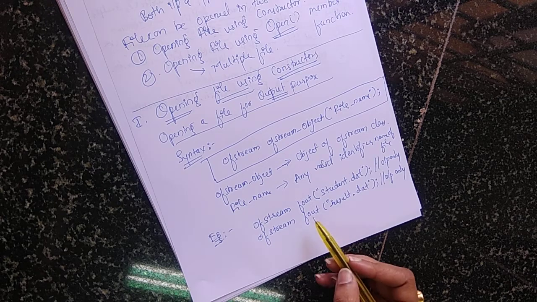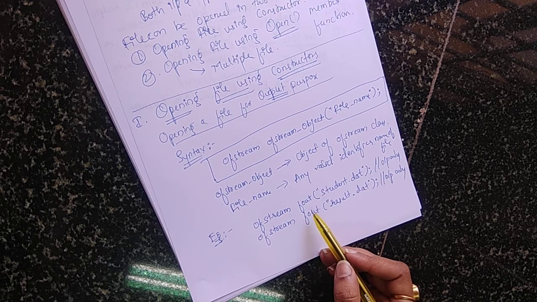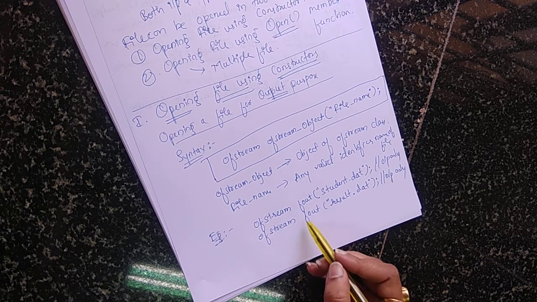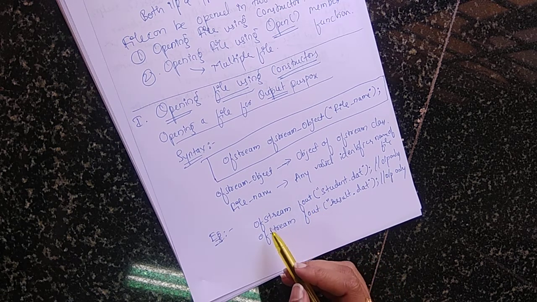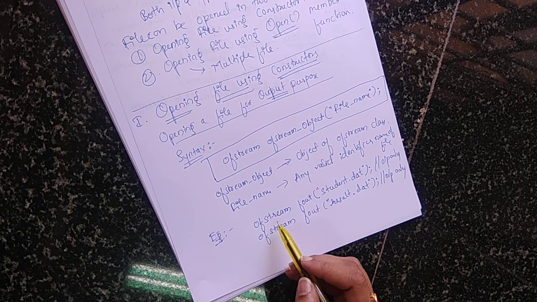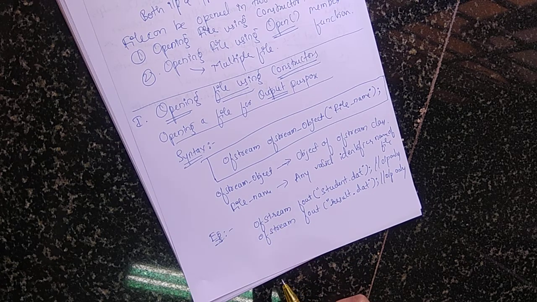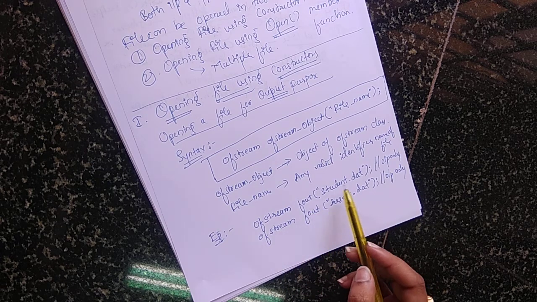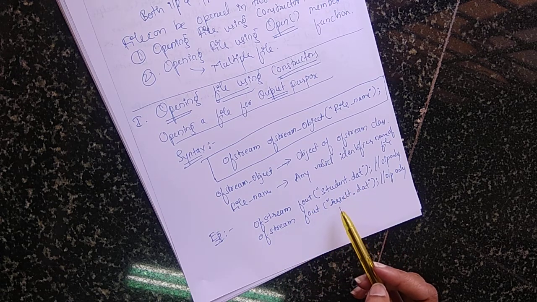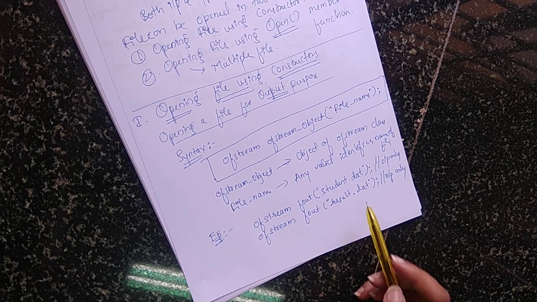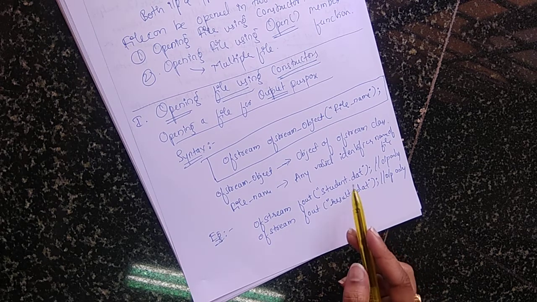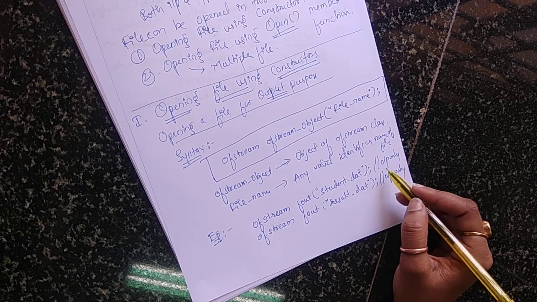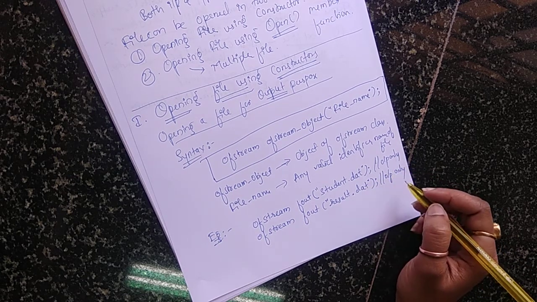Fine. So here fout is declared as an object of your ofstream class, and it is made to represent your student.dat file and your result.dat file. These both files have been opened only for output purpose.